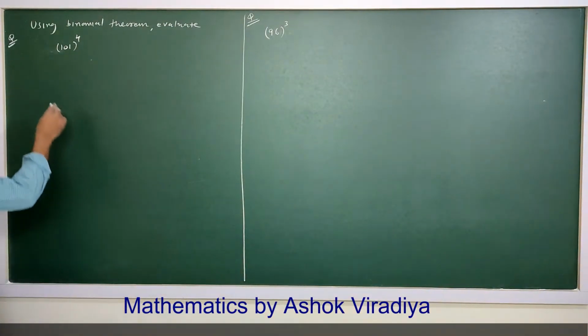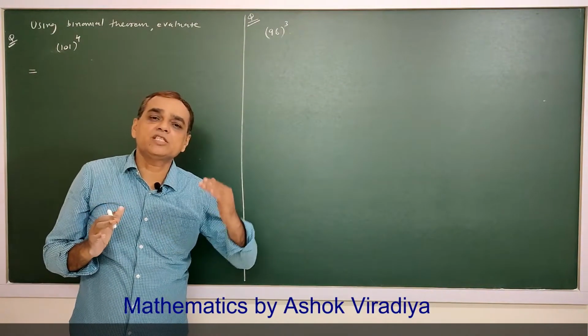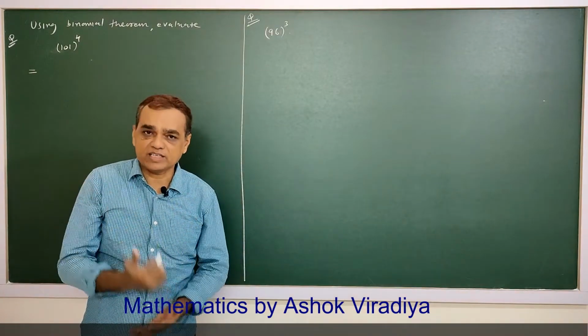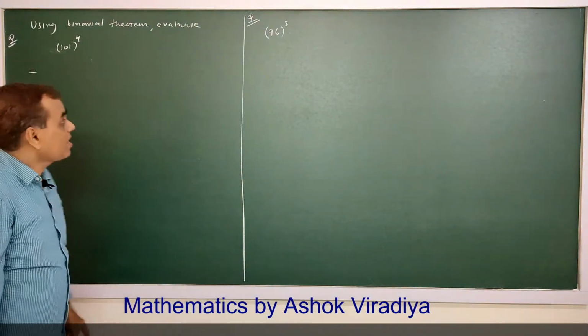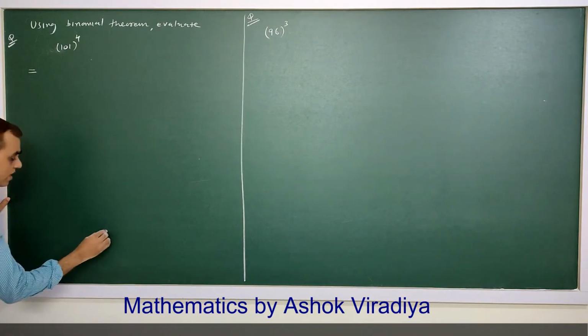So if we want to use the binomial theorem, then we have to create (a plus b) raised to n or (a minus b) raised to n. Look here, the number is 101.